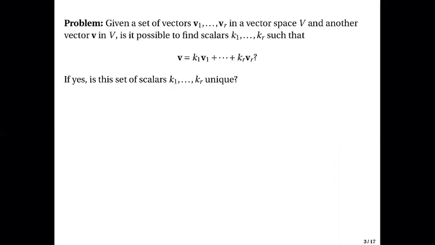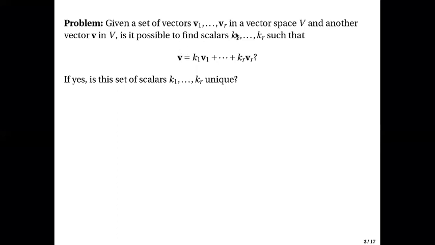So, one interesting problem that we want to answer is the following. Given a set of vectors V1, V2 until Vr in a vector space V, and another vector V in that vector space V, is it possible to find scalars K1, K2 until Kr such that this V is a linear combination of the vectors V1, V2 until Vr?